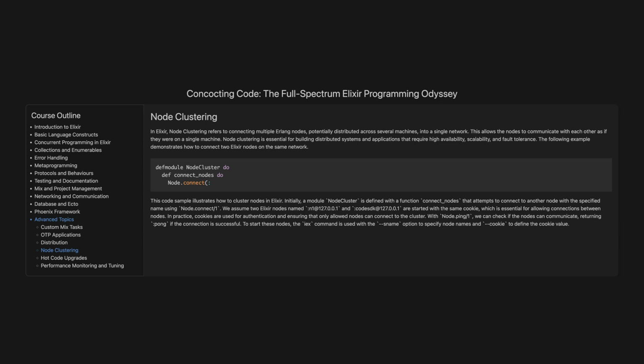In practice, cookies are used for authentication and ensuring that only allowed nodes can connect to the cluster. With Node.ping/1, we can check if the nodes can communicate, returning pong if the connection is successful. To start these nodes, the iex command is used with the --name option to specify node names and --cookie to define the cookie value.